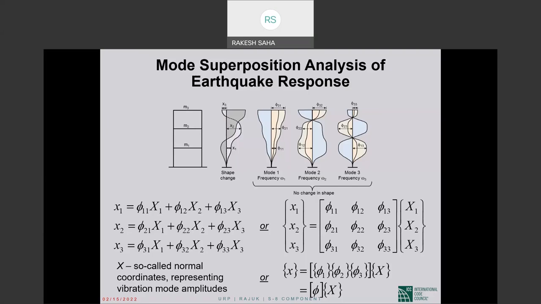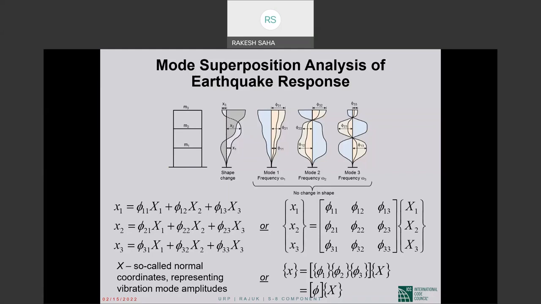While that is true, it is possible to deform this three-mass model into three different shapes if we can very carefully deform the frame into one of the shapes depicted in the three pictures and then let go.